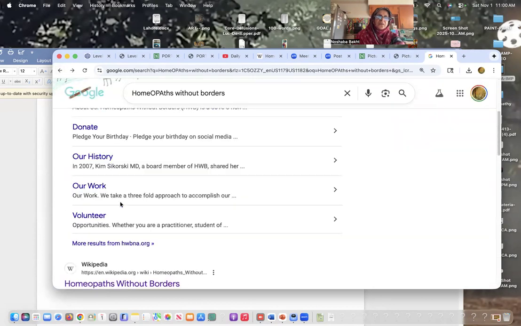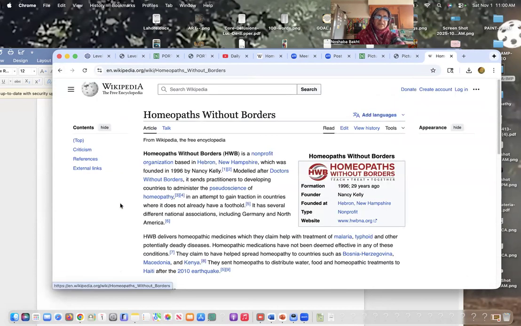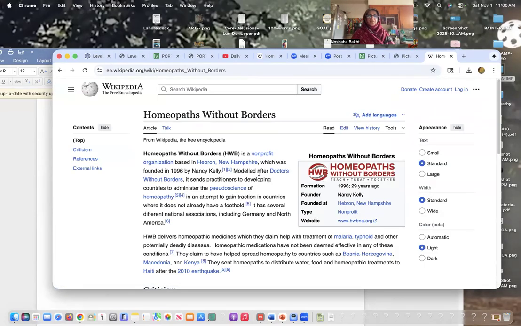I also went on Wikipedia, and this was a non-profit organization which originated in '96, modeled after Doctors Without Borders. If you read in homeopathy today, they have helped in different places, after earthquakes or after disasters.